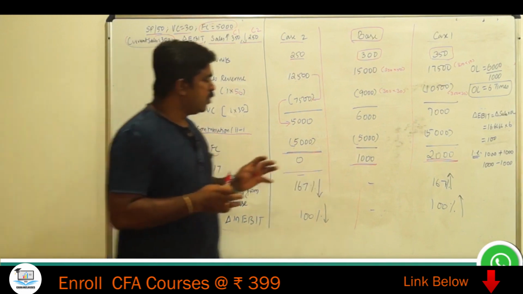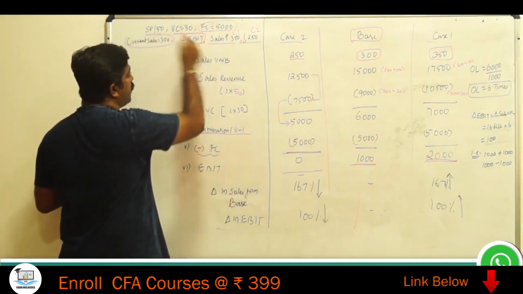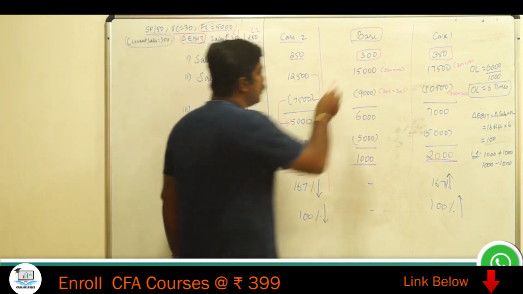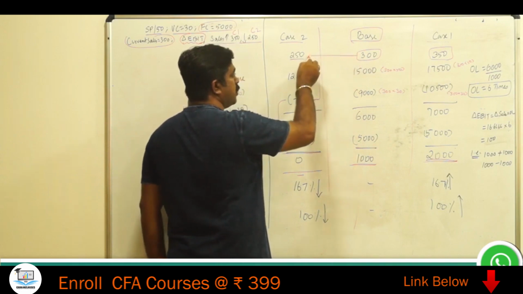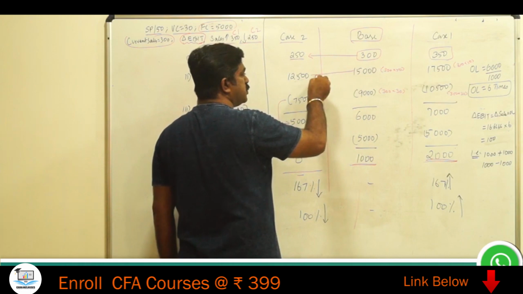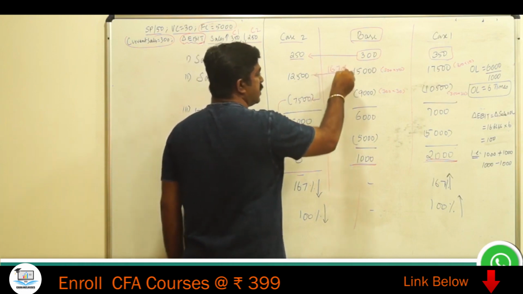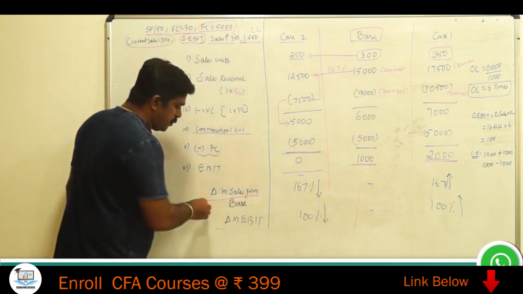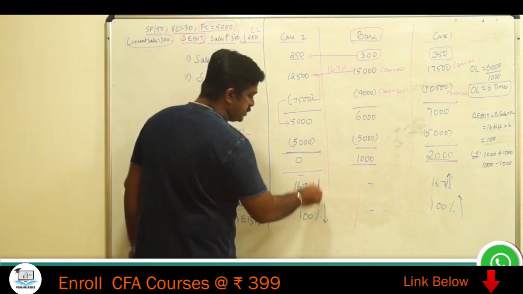We have to see what is happening to the EBIT, because our objective is to find out the change in EBIT when the sales increases, sales decreases. See, now look at the base case. From 300, sales has come down to 250. That is, sales is dropped from 15,000 to 12,500. So we can say there is a 16.7% drop in sales. Change in sales from base is 16.7%. It is a drop.